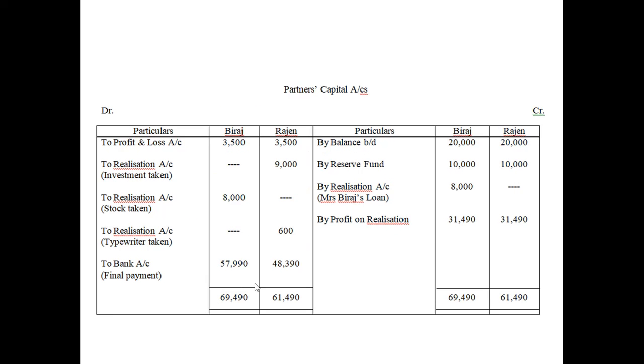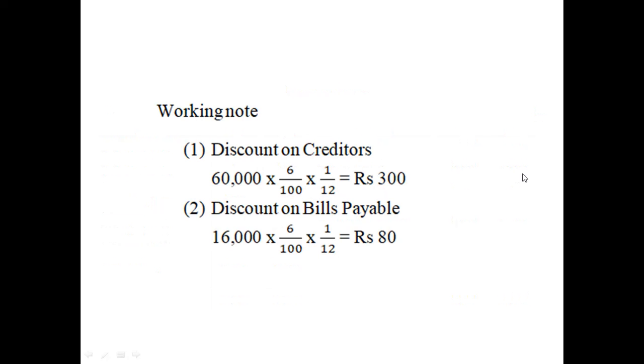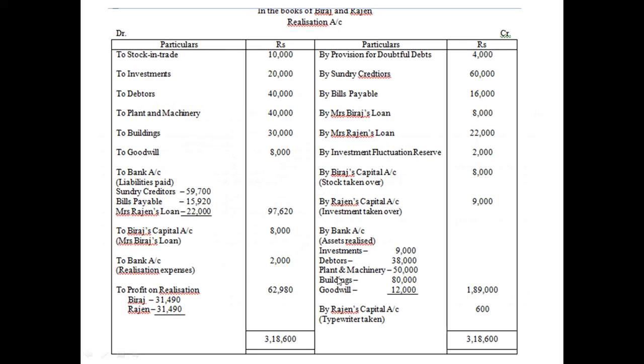Now we will move on to partners capital account. Now in partners capital account, you can see here by balance b/d, we have extracted from the balance sheet. Then there is reserve fund, which will be shared equally between them. And again we have this particular section, you can see here to Biraj's capital account, Mrs. Biraj's loan.